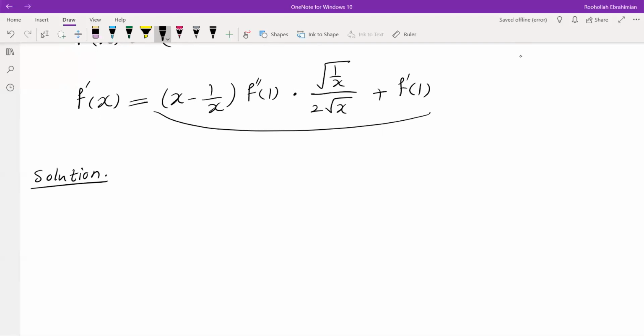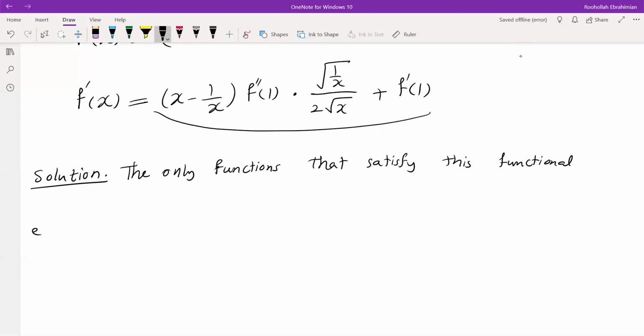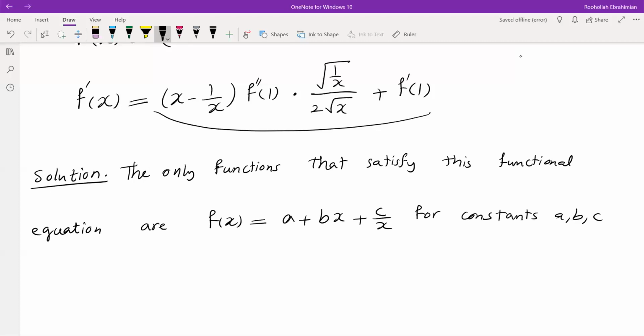The only functions that satisfy this functional equation are f of x equals a plus bx plus c over x for constants a, b, c.